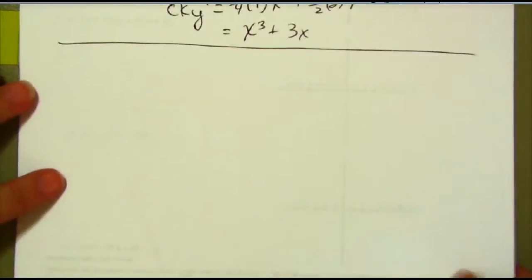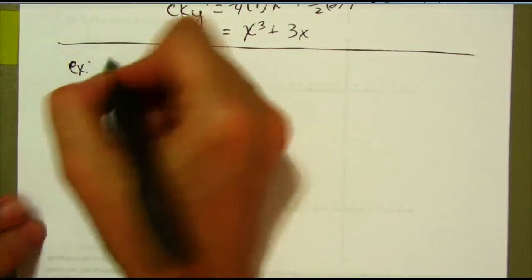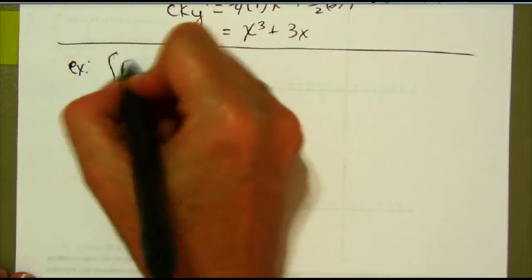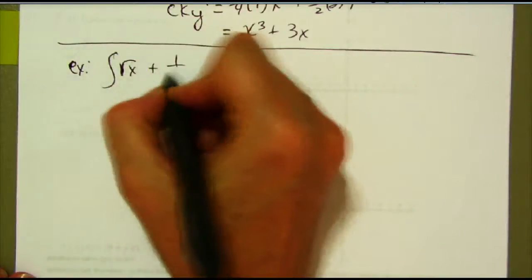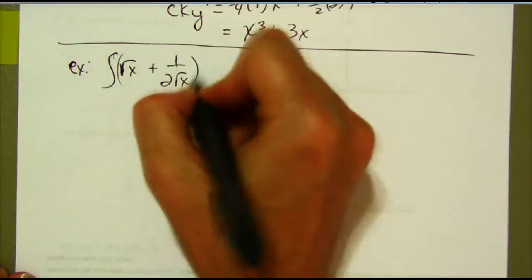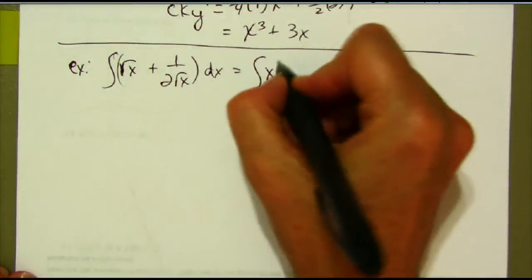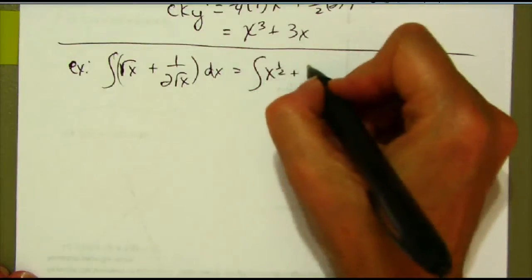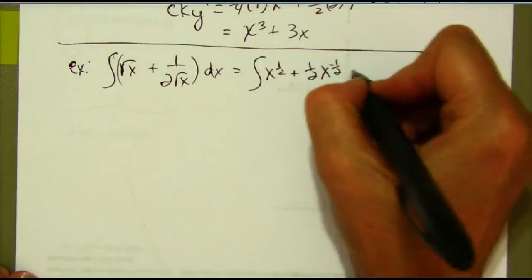Let's try a few more problems. We're going to integrate the square root of x plus 1 over 2 square root of x dx. First thing I'm going to do is rewrite that, x to the 1/2 power plus 1/2 x to the negative 1/2 dx.